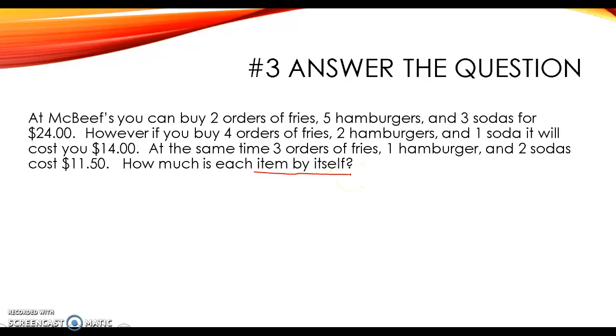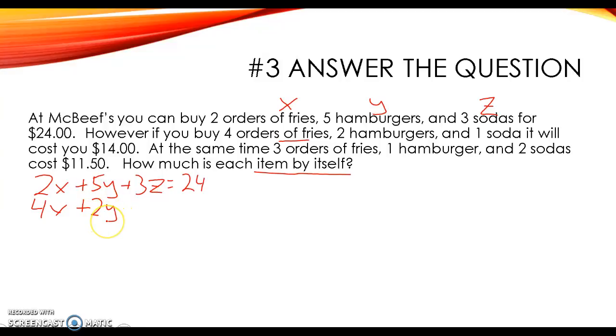So what I'm going to do is let the fries be my x's, the hamburgers will be my y's, and the sodas will be my z's. In the first situation, if I have 2 orders of fries, that's 2 x's, plus 5 hamburgers, which is 5 y's, plus 3 sodas, that's 3 z's, for a total of $24. The second situation, I will get 4 orders of fries, that's 4 x's, plus 2 hamburgers, that's 2 y's, plus 1 soda, that's 1 z, equals $14.